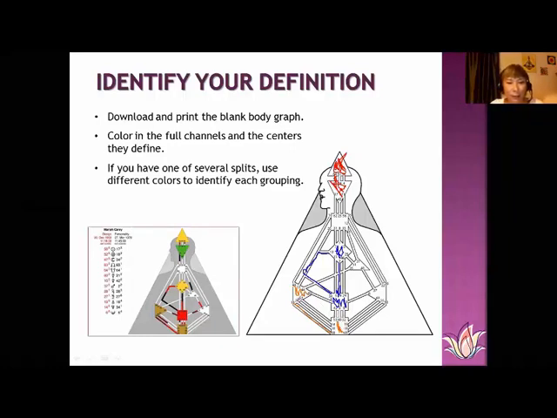And then you can start to identify, okay, this channel connects these two centers. These two centers don't connect with these centers. You don't color in the gates because that's just going to confuse you. Don't color in these hanging gates. You're just looking to see how the centers are connected, and then you can identify how they're not connected.